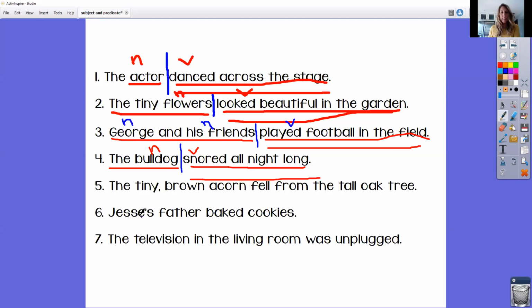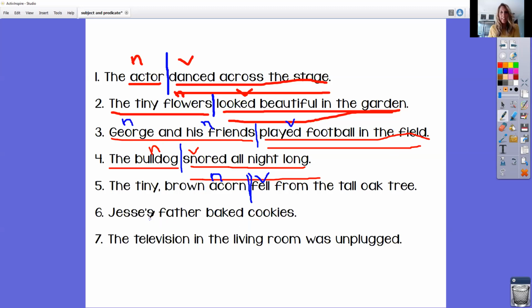Who or what is the sentence about? It's about the tiny brown acorn. So this is where we have to split it. And our noun is acorn. Tiny and brown are describing the acorn. And what did the acorn do? It fell. So our verb is right after.